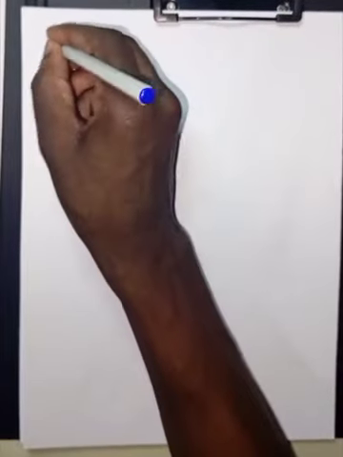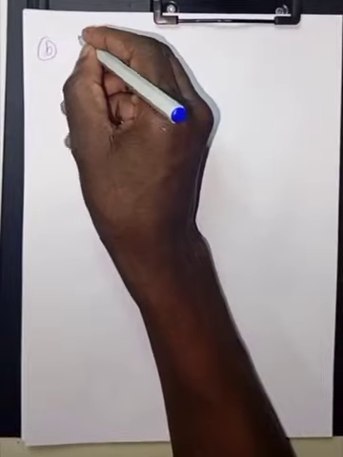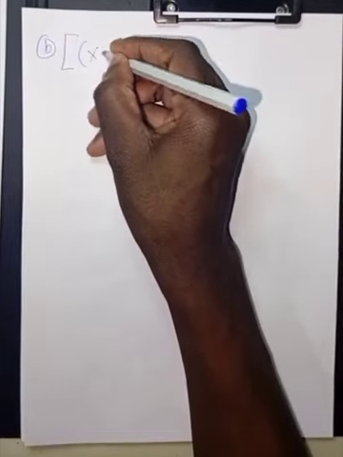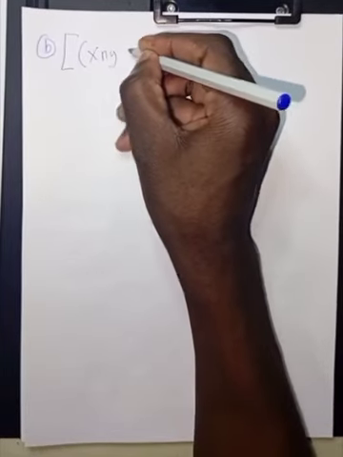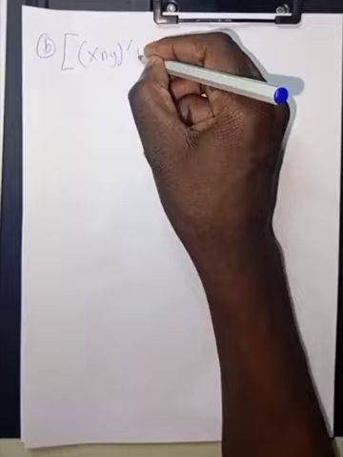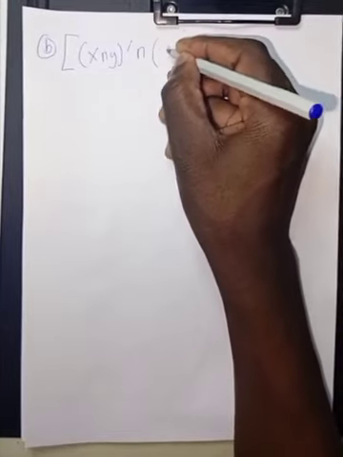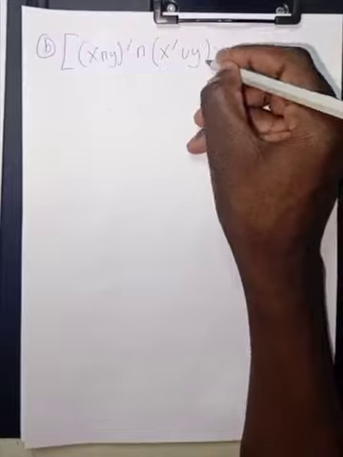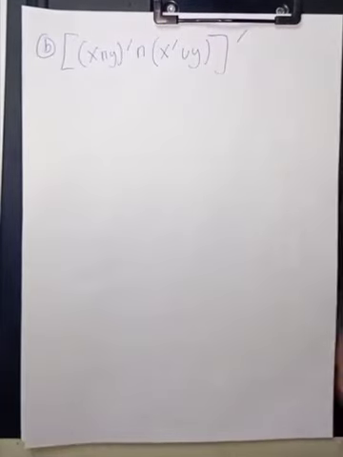Okay, so let's solve question B now. Question B is where we have a square bracket, then an open smooth bracket, X intersection Y, then we have complement, then intersection, then X complement union Y, then that square bracket complement.